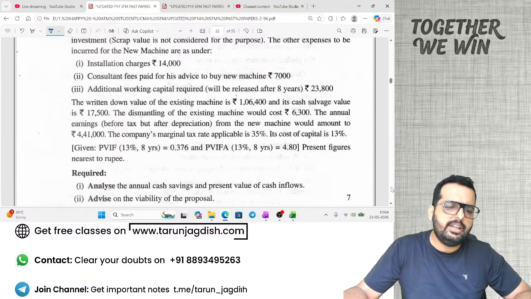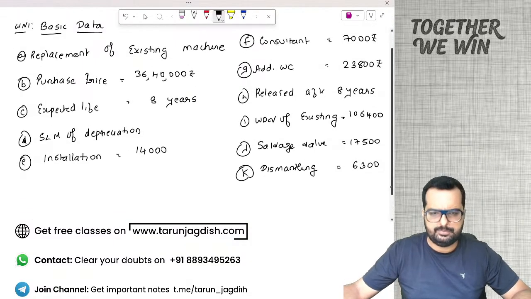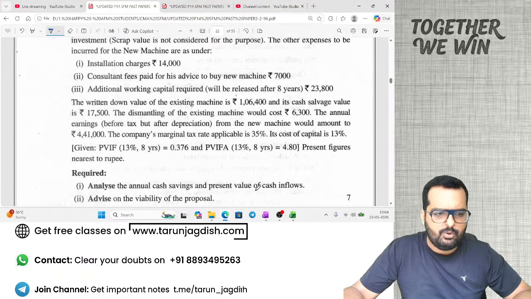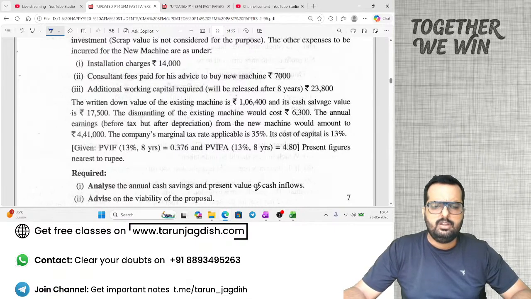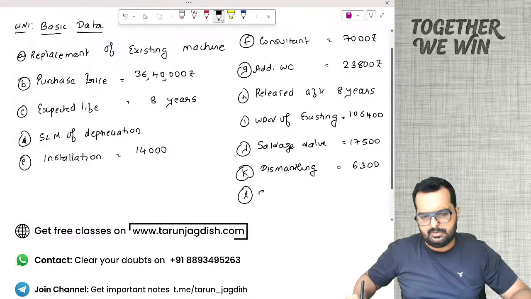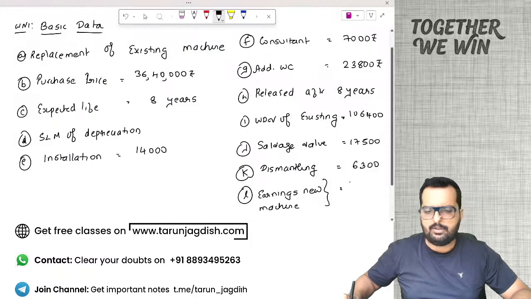The annual earnings before tax but after depreciation from the new machine would amount to 4,41,000. Okay. From the new machine, so that is 4,41,000. Earnings from new machine before tax but after depreciation is 4,41,000.